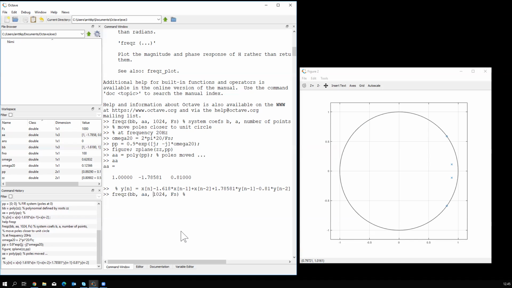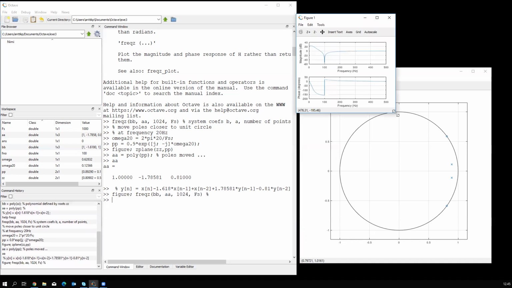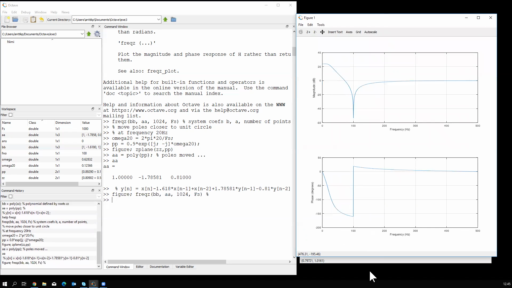But let me put that one on a different window again. Okay, so we have a fairly flat passband.